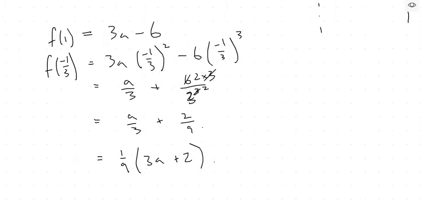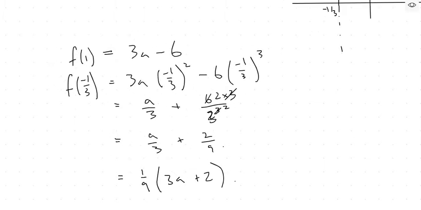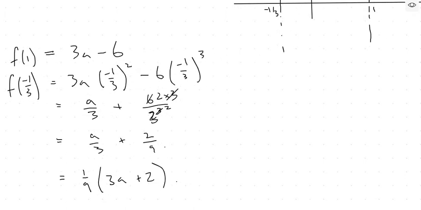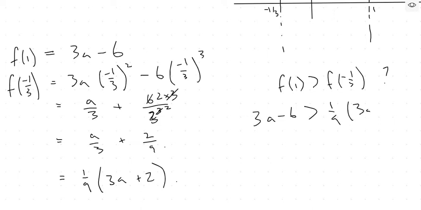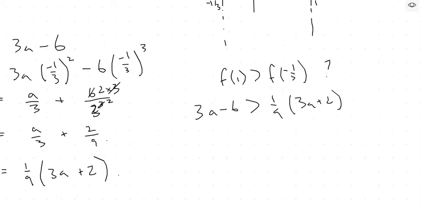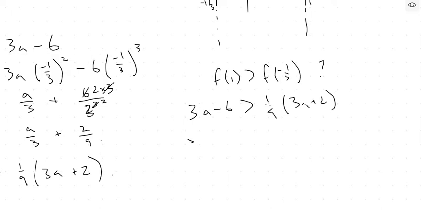Okay, so now we have f of 1 and f of minus a third. And we can ask the question, when is f of 1 greater than f of minus a third? Natural question to ask, right? This is true when 3a minus 6 is greater than a ninth of 3a plus 2. So if we just solve this, we get 27a minus 54 is bigger than 3a plus 2.